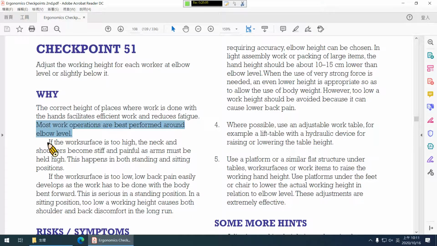Okay, let's read further. If the work surface is too high, the neck and shoulders become stiff and painful as arms must be held high. This happens in both standing and sitting. If you're working and you have to, obviously this guy cannot do it.